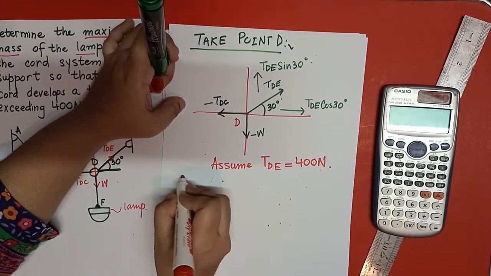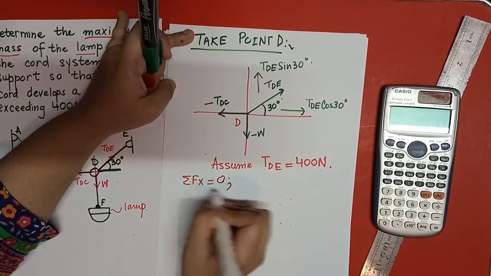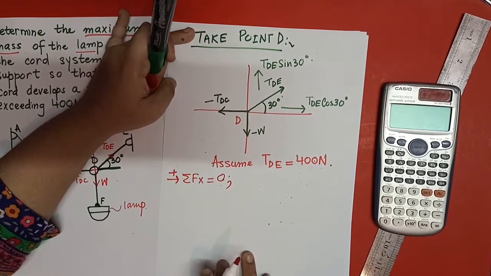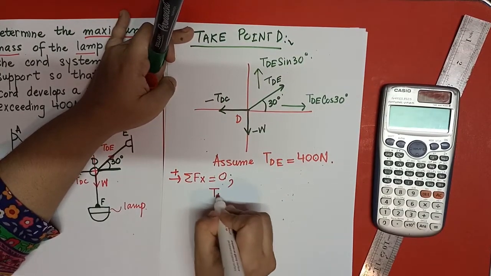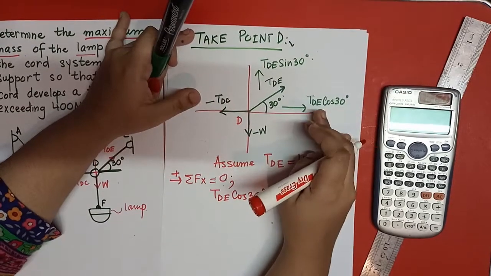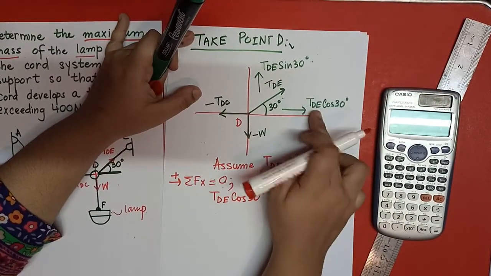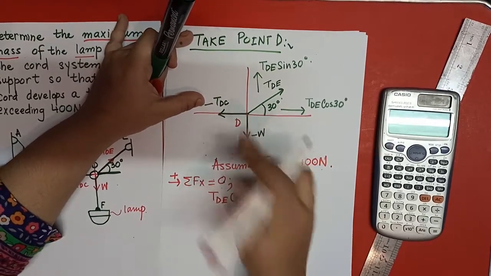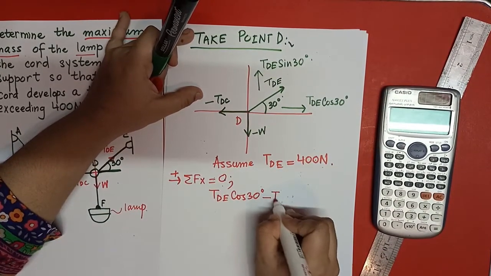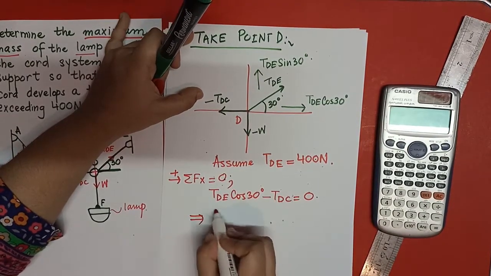So summation of Fx equals 0. There are two forces acting parallel to the x-axis: TDE cos 30 degrees, which is positive, and minus TDC. So TDE cos 30 minus TDC equals 0, and we have taken TDE equals 400 Newton.